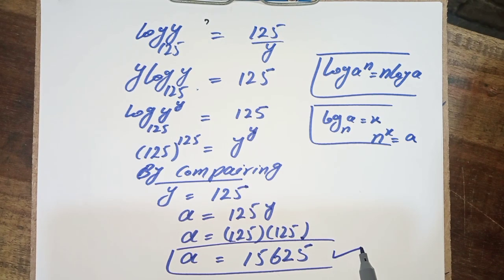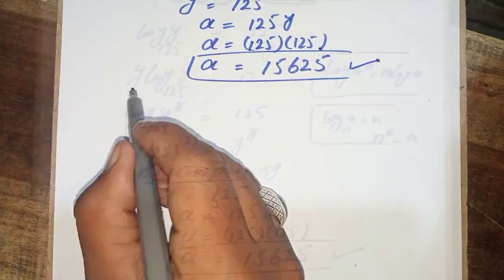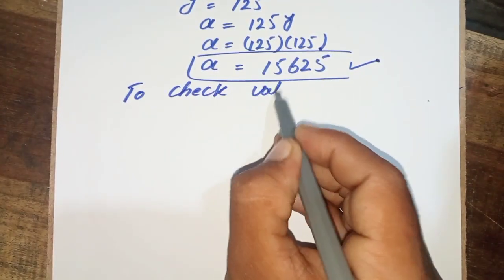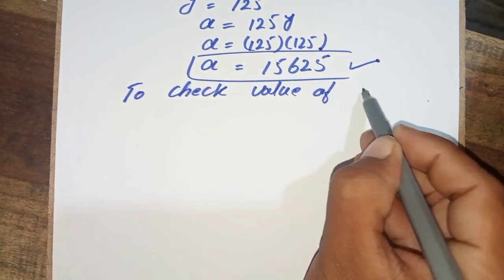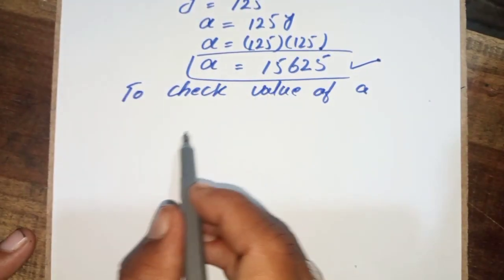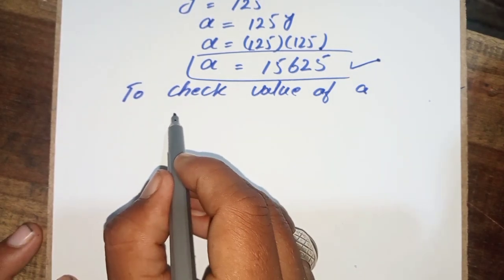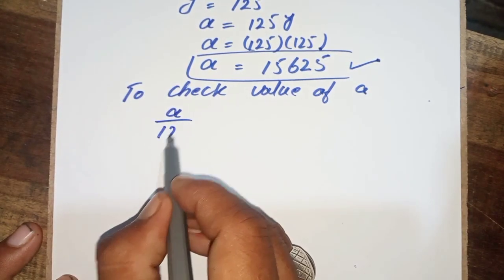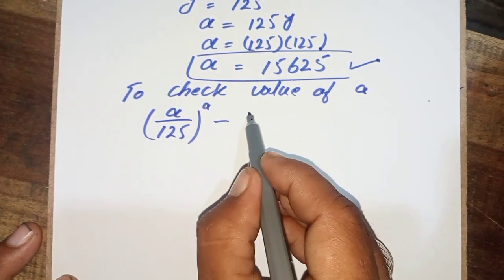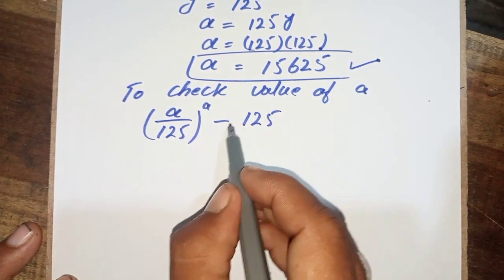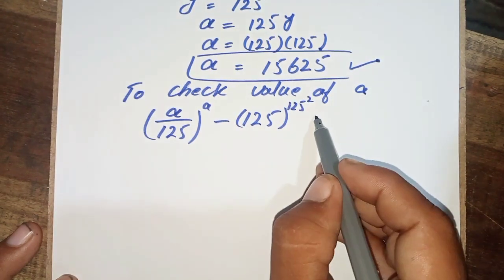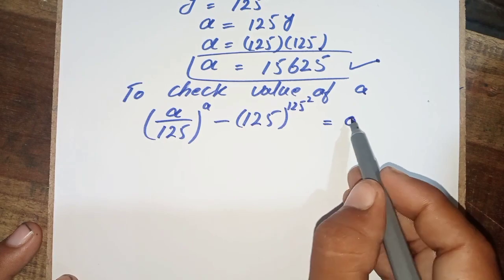We have to check whether the value is true or false. To check the value of a, we write the equation first: (a over 125)^a minus 125^(125^2) will be equal to 0.